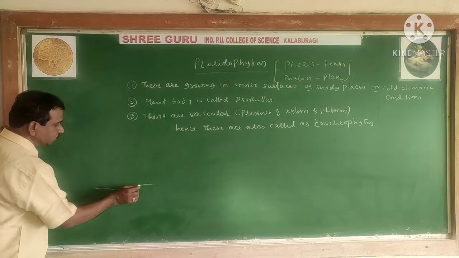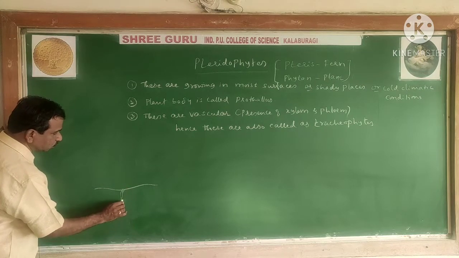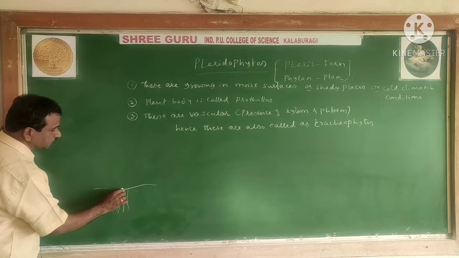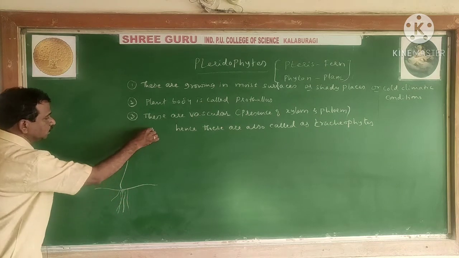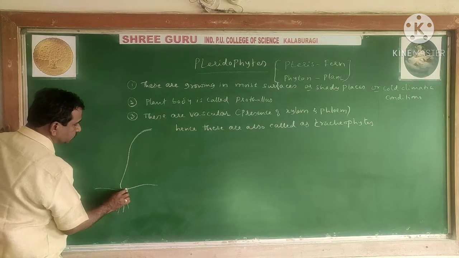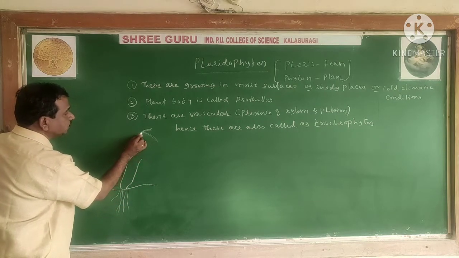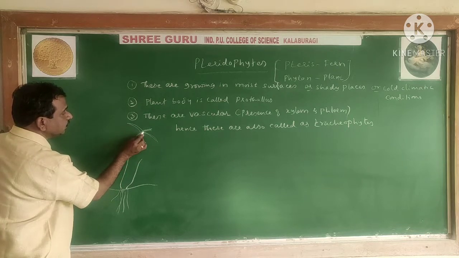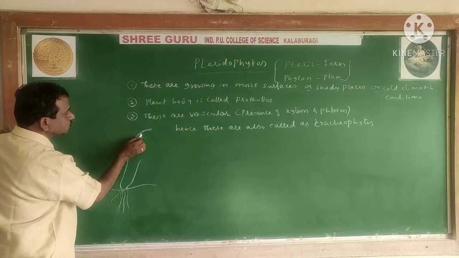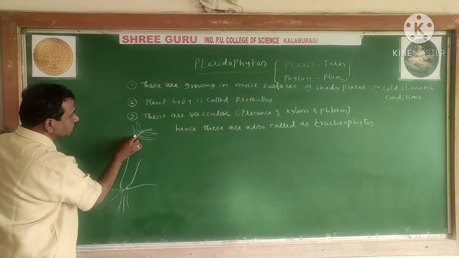This is an example I am showing you. This is the soil surface, and these are the roots. Now this is about the plant. This is one plant, right? The leaves are going to be found in this region. These are considered as leaves, and the leaves are found in this manner.